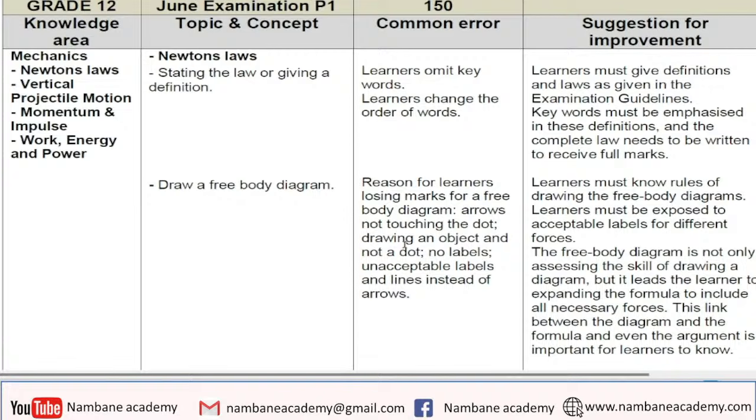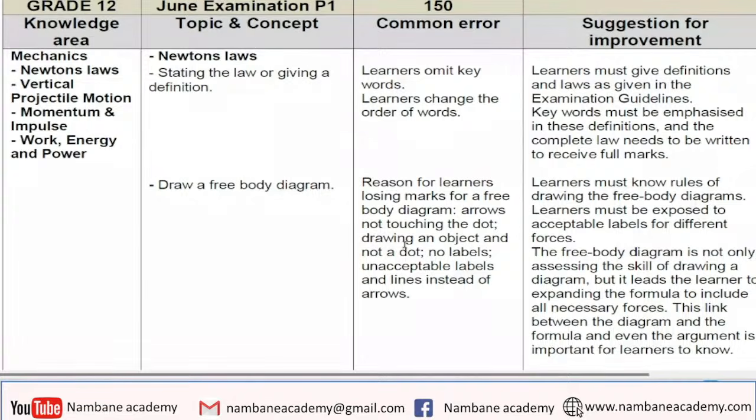So it is then prudent for our learners to ensure that whenever they are asked to give a definition, a law, or a principle, they give it as it appears in the examination guideline. Nothing, no definition, principle, or law will be accepted if it is not the same as the one that appears in the examination guideline.